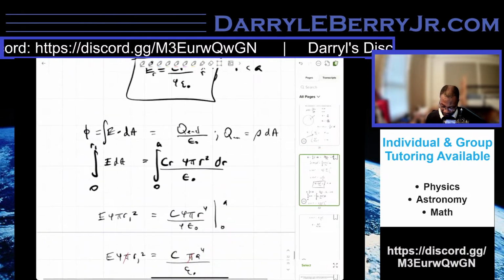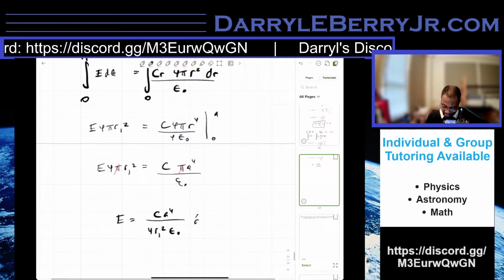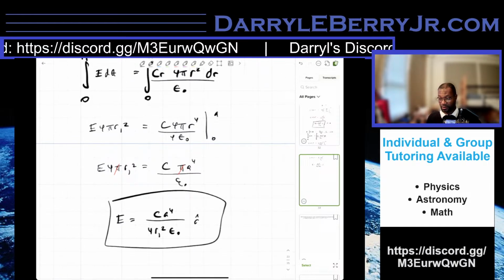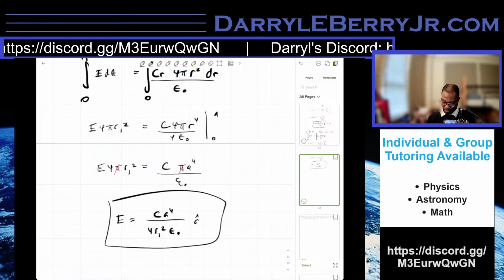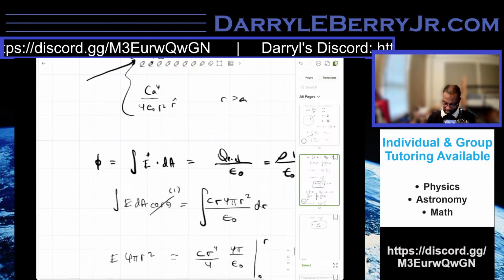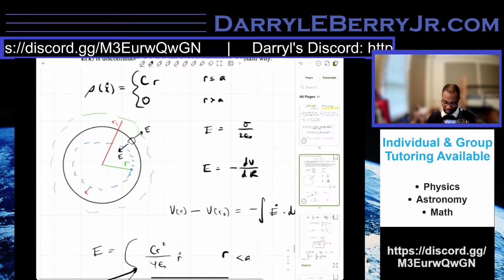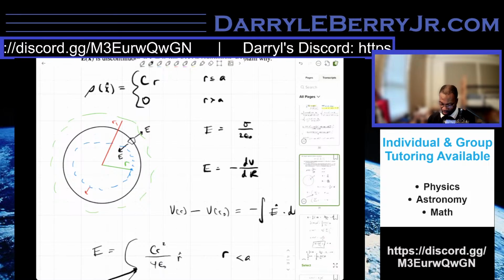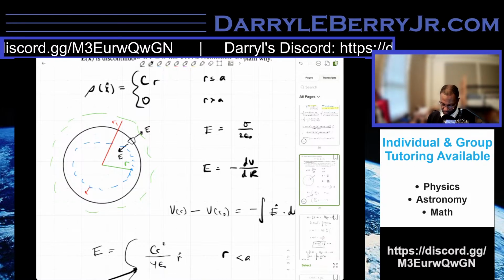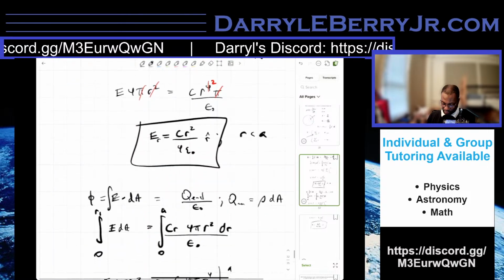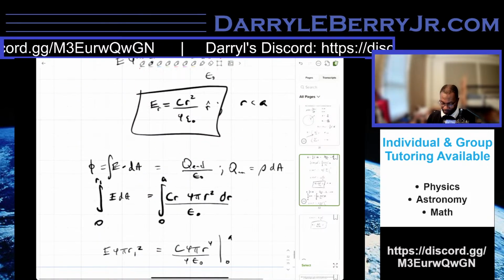So that's how we got the electric field, having to remember to integrate the charge density since the charge is not symmetrical. The charge gets stronger from the center, going from 0 to the maximum CR at A. We have to integrate to get the actual charge that's within that volume.